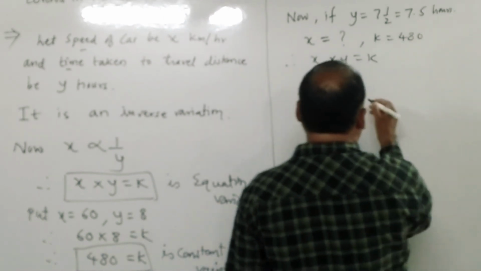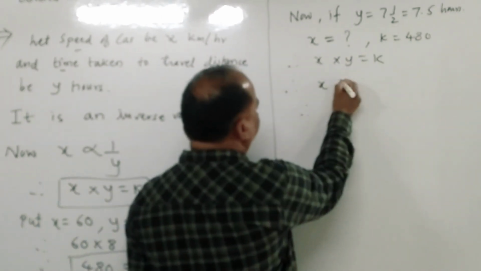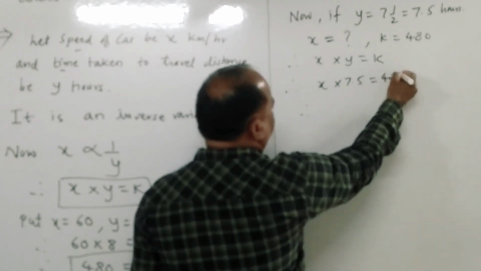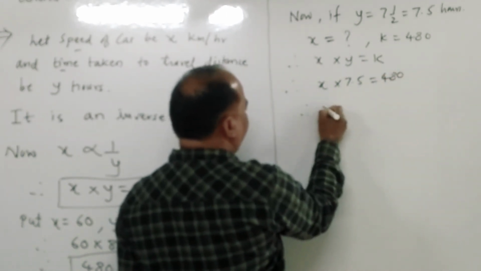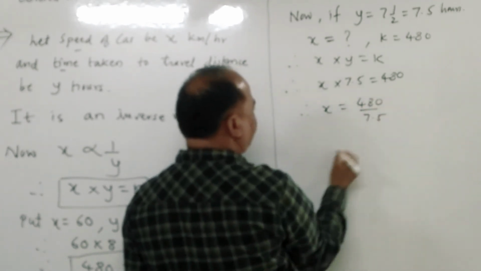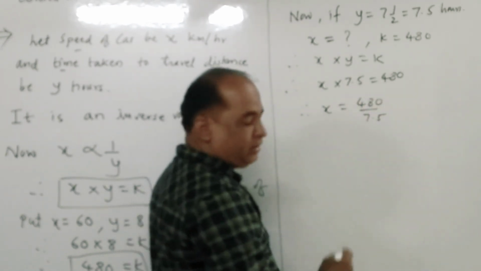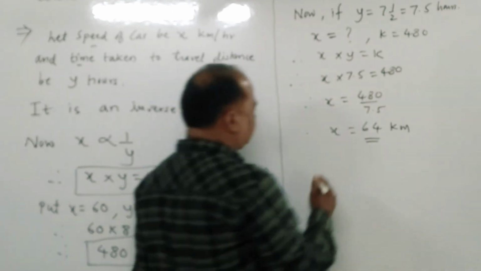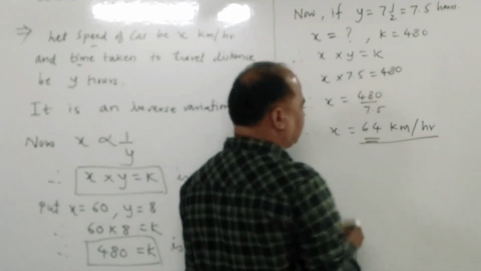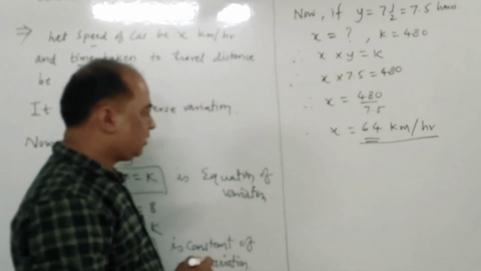Therefore x into 7.5 is equal to 480. Therefore x is equal to 480 divided by 7.5. Therefore, x is equal to 64 km per hour, the speed of the car.